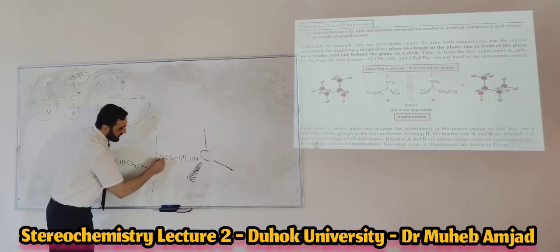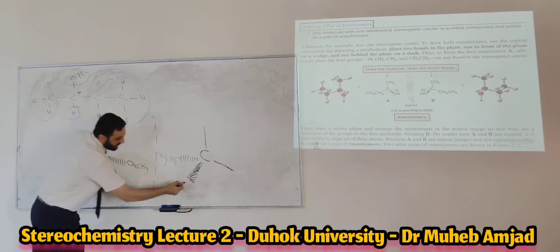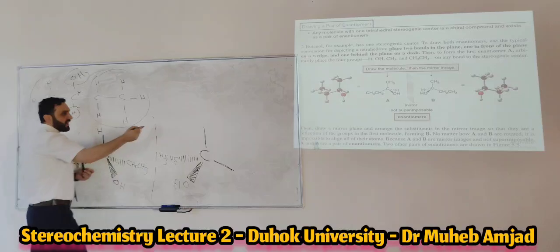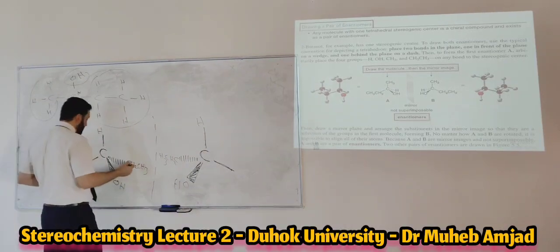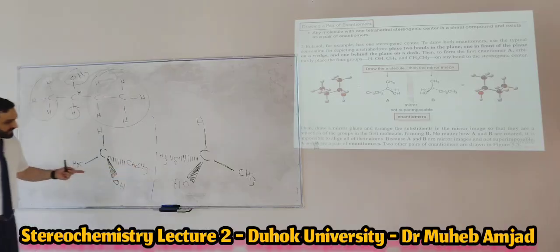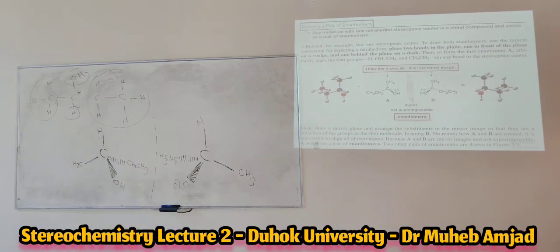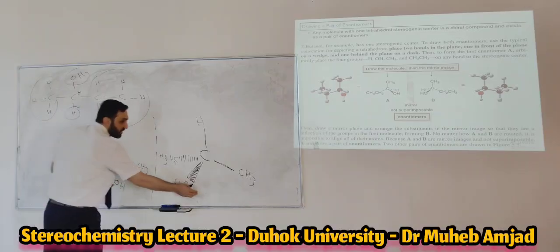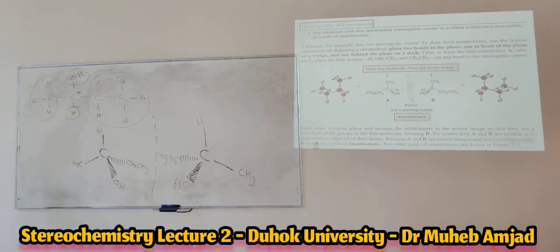CH2, CH3. And this, OH. And this, up, hydrogen. And this, CH3. That means now, is this a mirror image or not? Yes, exactly a mirror image. That means this is the second enantiomer of the molecule. These are the 2 enantiomers. This is how we can draw the enantiomers of the molecule.